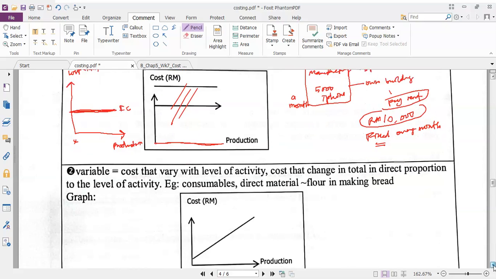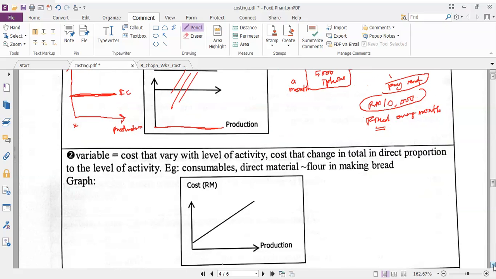So that is for fixed. Second is behavior for variable. Variable means that the cost vary with the level of activity. It means that if your production is increased, your cost is also increased. That is called variable or vary.